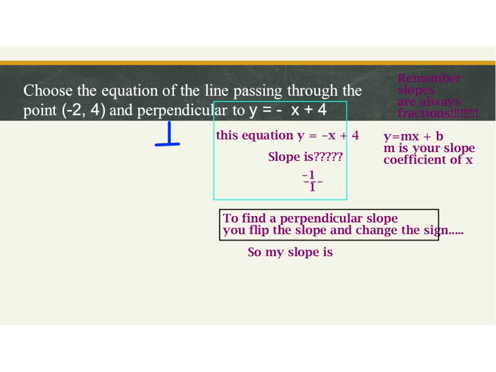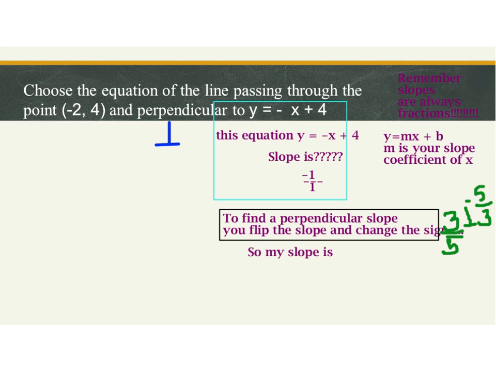You flip it. Now, because it's one and one, it kind of makes it weird, because if it was like -3 over 5, then you could see easily that I'm flipping it. So, for example, 3 over 5 is perpendicular to -5 over 3.